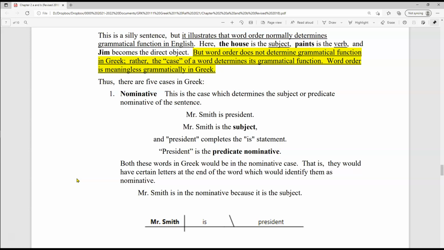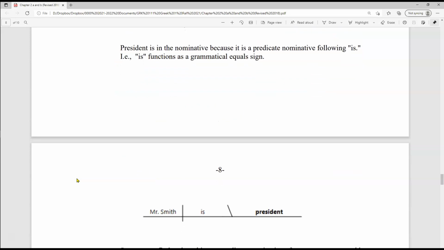Both of them have to be in the nominative case in Greek. You with me? Why do they both have to be in the nominative case? Because subjects are in the nominative and so are predicate nominatives. So they call this thing a predicate nominative. It points back. So this one's going to be in the nominative too. The "is" is a grammatical equal sign.